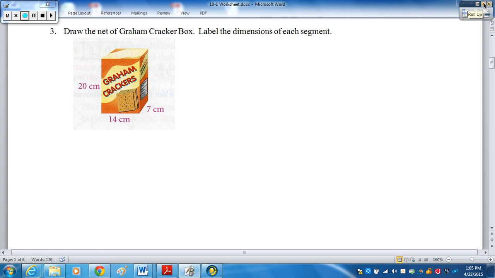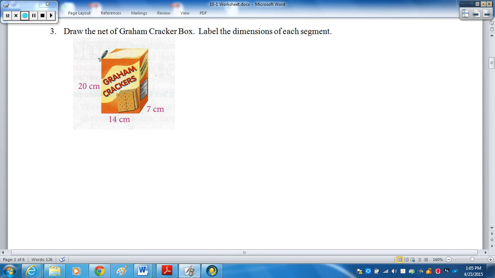From there, looking at number 3, this is actually the most important part of the entire lesson today. I want to be able to draw out this cardboard box, this cereal box, in a way that shows me every single face, and I also want to mark every single face's dimensions so that we know how to figure out the surface area later on down the road. A lot of times I start with the very front face.